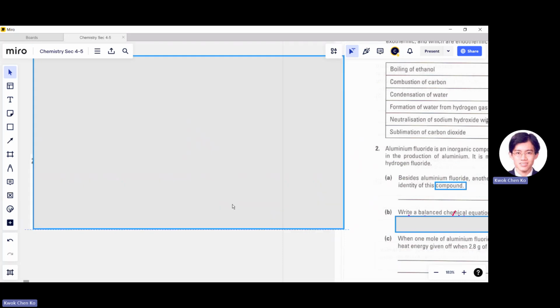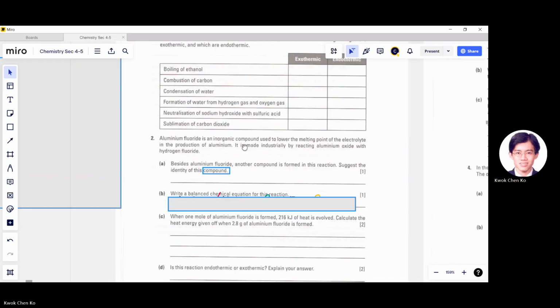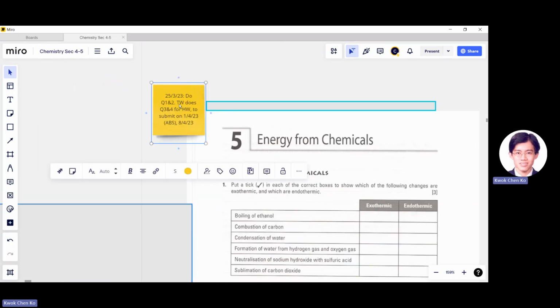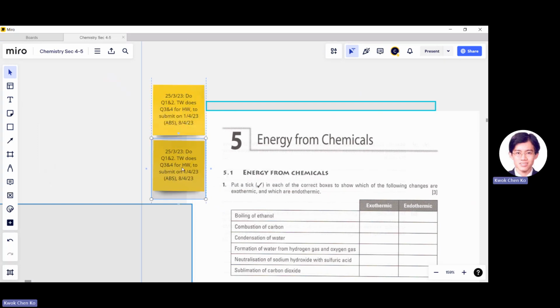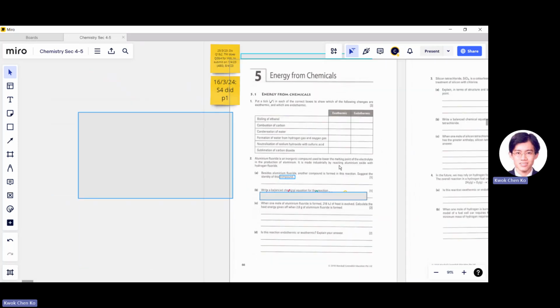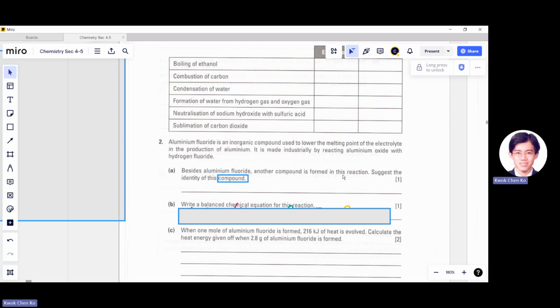So there are 4. That's correct. Okay. Heat is given off. So just do 216 kilojoules times the mole, right? I think it's exo, pretty sure it's exo. I think she wants to do Q, which is into 3 SF, right?